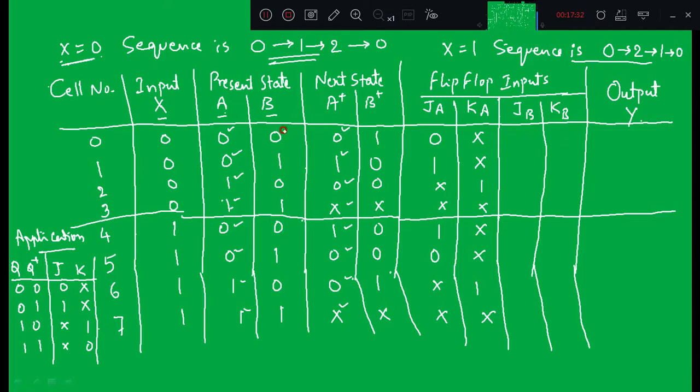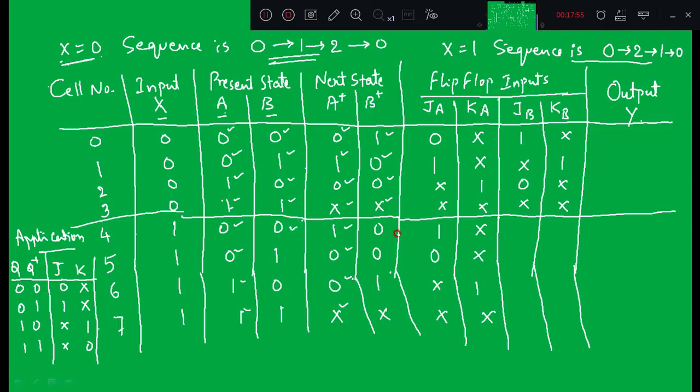Next, B plus 0 1 is 1 don't care. Next, 1 0 is don't care 1. Next, 0 0 is 0 don't care, and for 1 don't care, there is no input combination like that, so we'll put don't care.